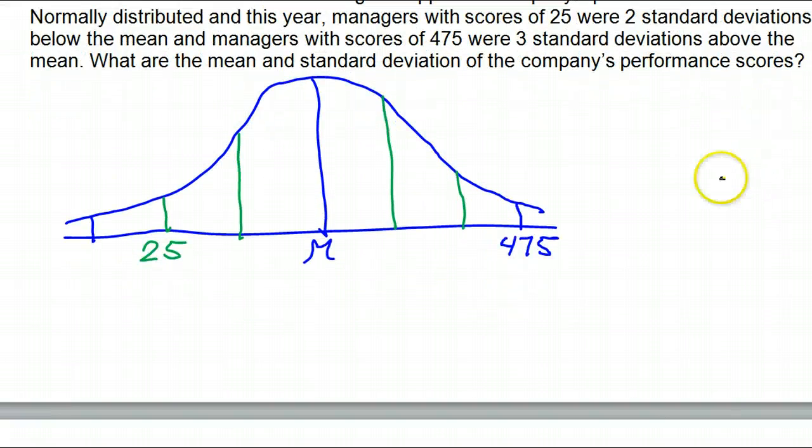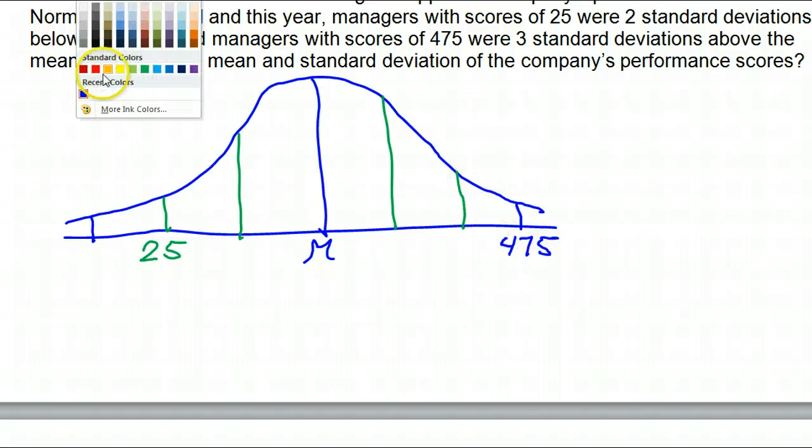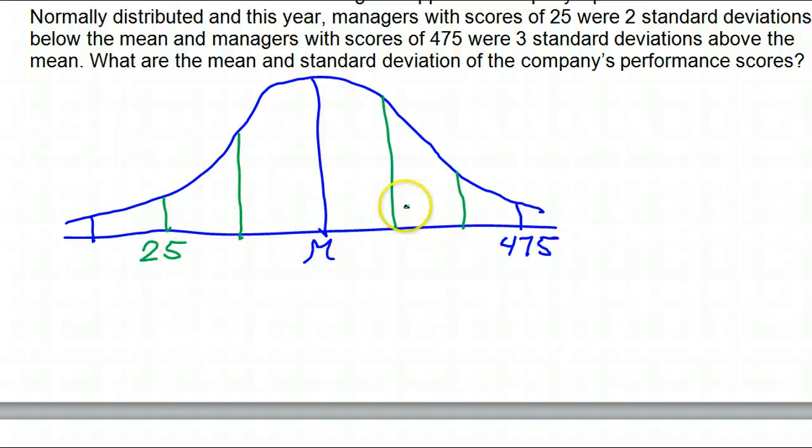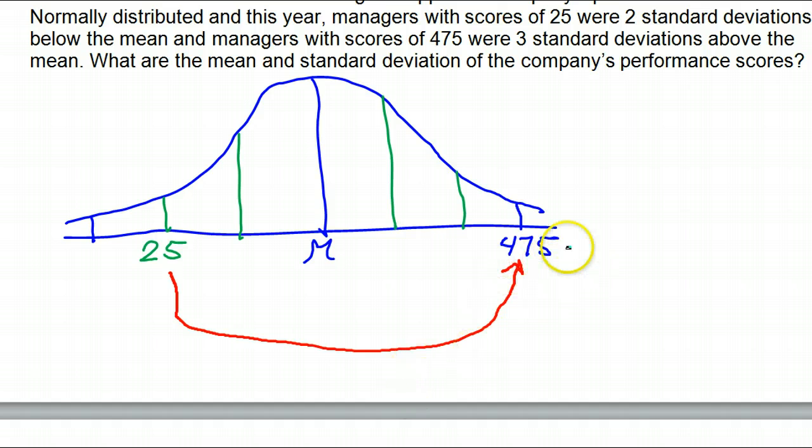What are the mean and standard deviation of the company's performance? Well, let's see how many standard deviations these two are apart, and then divide. First of all, the total difference between 25 and 475. In other words, what is 475 minus 25? You can do this in your head. This is 450.